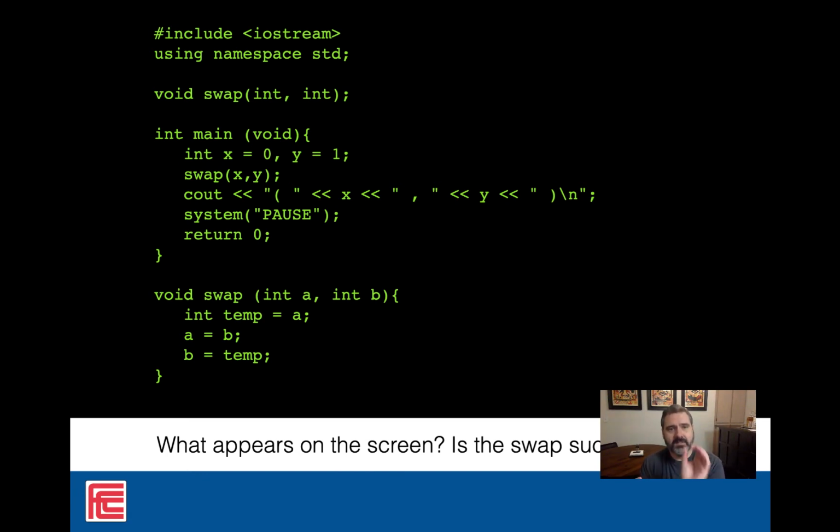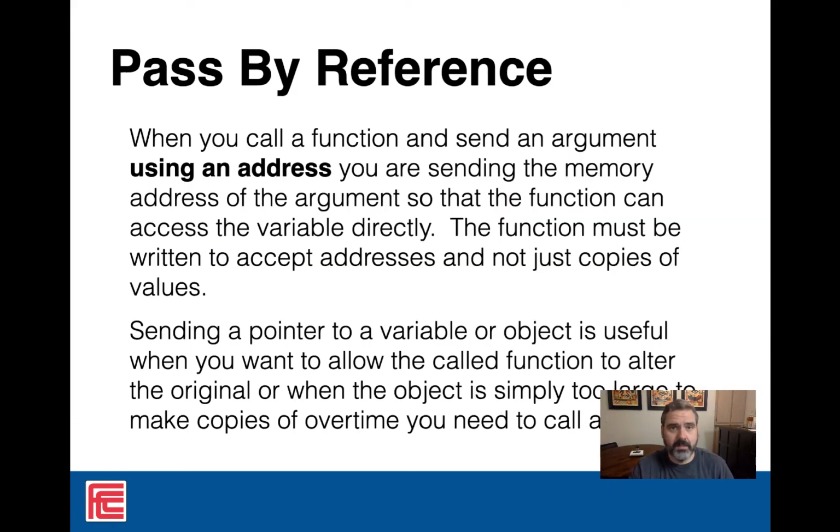X evaluates to 0, and so I'm taking 0 and copying that value into A. I'm taking y, which has the value of 1, and copying that into B. So when you print it out, nothing changes. I'm actually swapping two variables inside the swap function that are not at all connected to the two variables inside of main. They just happen to have the same value for a second before we made the switch, right? I'm passing a copy. That swap isn't actually doing anything.